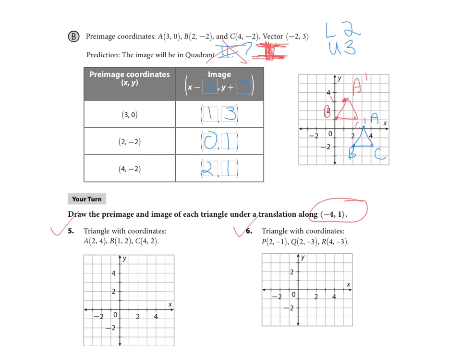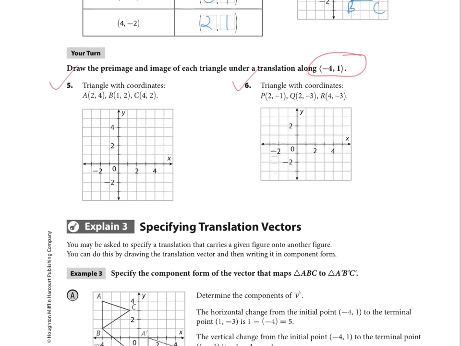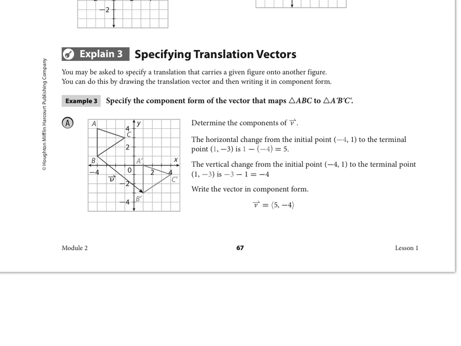Okay, in the last part of this video, guys, we're just going to be specifying the translation vectors in Explain 3. So you're going to be seeing both the pre-image and the image, and you're going to be asked to come up with the component form for the vector, basically looking for pairs of points, because all of the pairs of points will have taken the same motion.